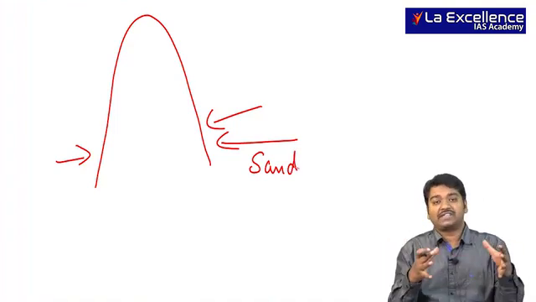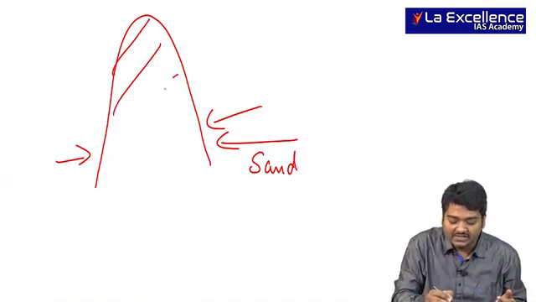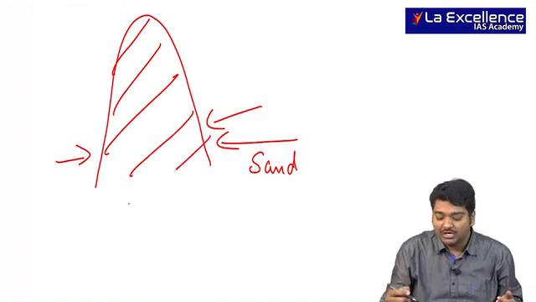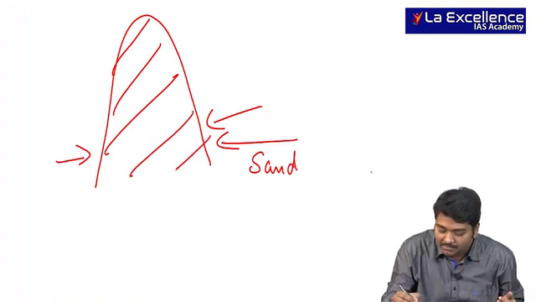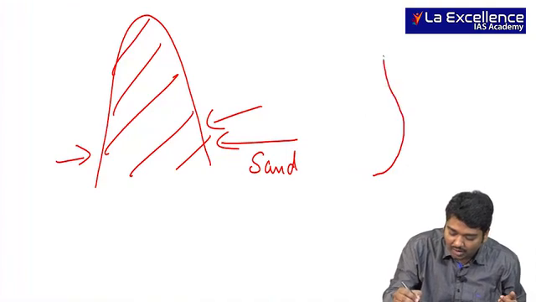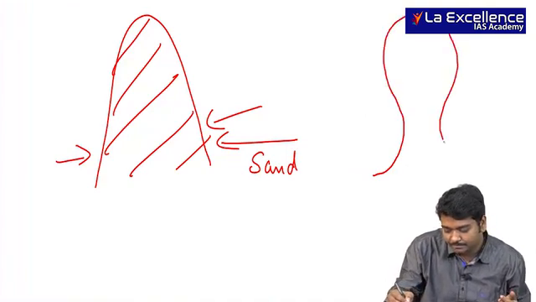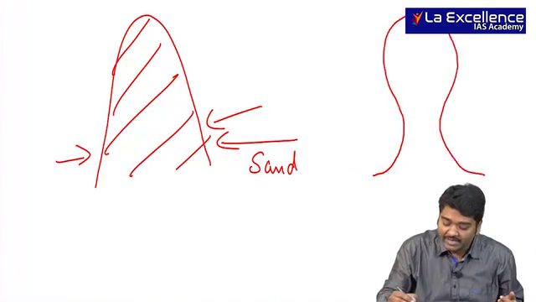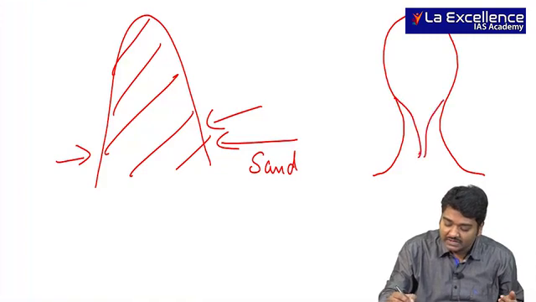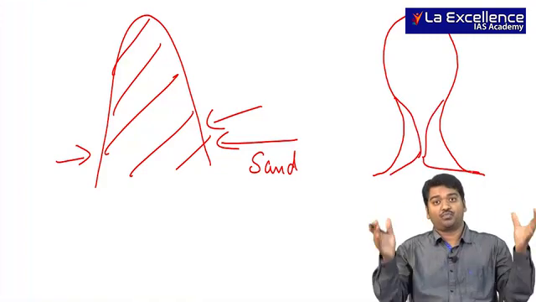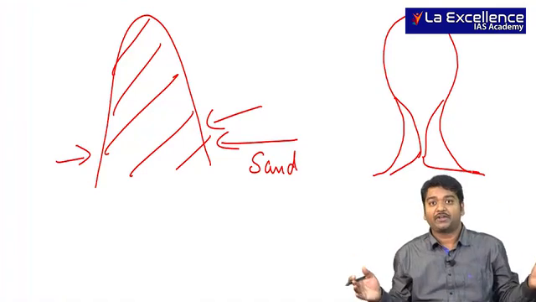When wind along with the sand particles hits this rock, we usually observe some erosion of the rock. Over a period of time, this erosion increases and it looks like a mushroom. I hope you are getting the point.